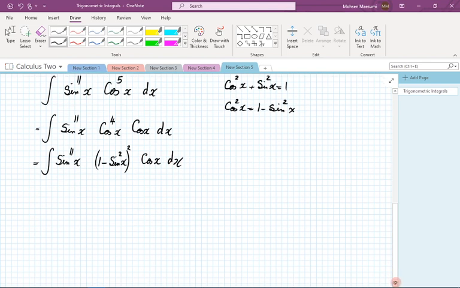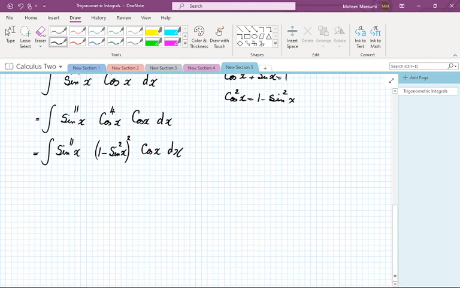To make our writing a little bit less lengthy, let's introduce our substitution already. I take u to be sine of x, and therefore du is going to be cosine of x dx. It's nice that I already see my du here. This is my du. Let's write the rest of it. Sine, we said we are going to call it u.